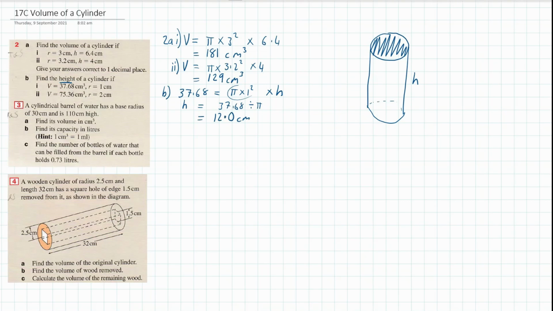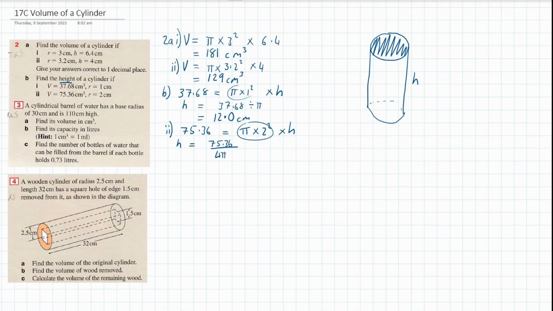Now we can do the same for part 2. In this case my volume is 75.36, equal to the area, which is pi times r squared, so 2 squared, times my height. To get height by itself, I'm going to rearrange: height is equal to 75.36 divided by 4 pi.